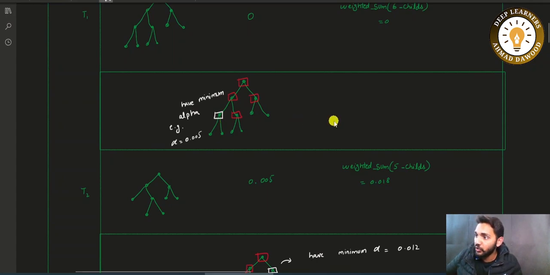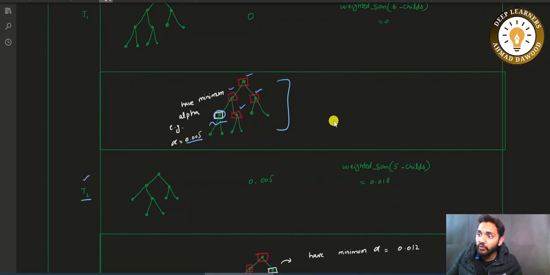Like here in the case of this tree, this particular node is giving the minimum alpha 0.005, which is less than the alpha values of all other non-terminal nodes. So we will prune its branches, and the tree with pruned branches will be called tree T2.